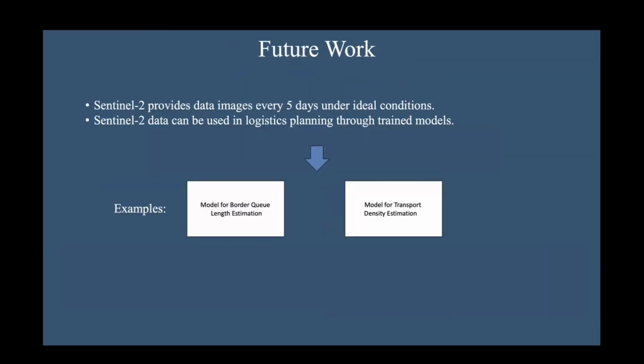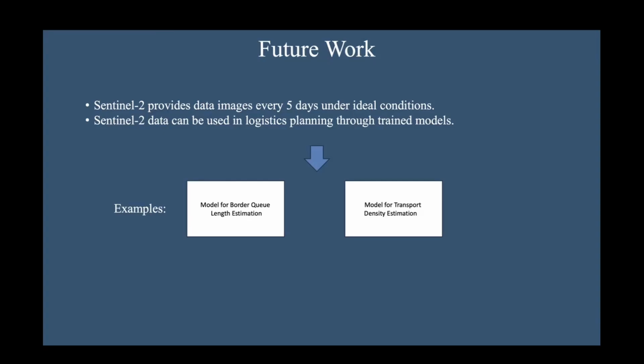And also, regarding our future work, our problem is that Sentinel-2 provides data images every 5 days. That is the best case scenario. Sometimes it's 10 or 15 days due to different weather conditions. We can use this data only in the form of already trained models. So we have models that are trained on this data, and we can use the output of these models.